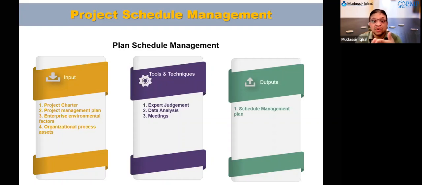Project charter tells you what timeline you are looking at, what some of the milestones are that you need to make sure you have, what your development approach is, and how you are going to determine the decomposition of the scheduling. All this information will come from the charter.